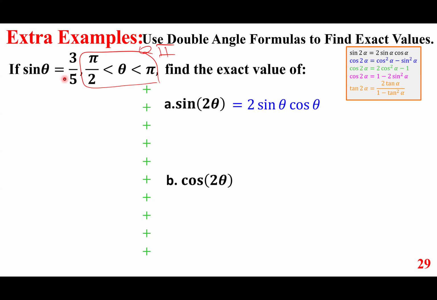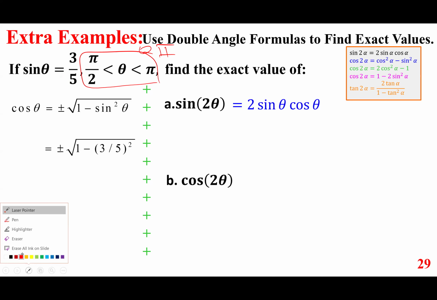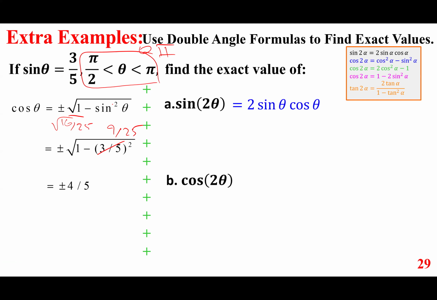Sine is given. What is cosine? Plus or minus the square root of 1 minus sine squared. Replace the sine with 3 over 5. One minus that is 16 over 25, which is plus or minus 4 over 5.